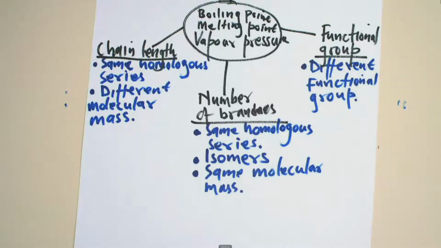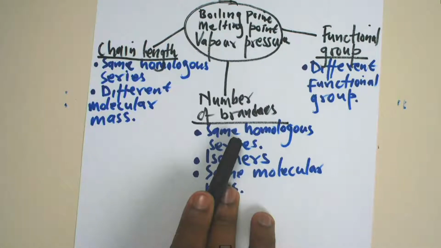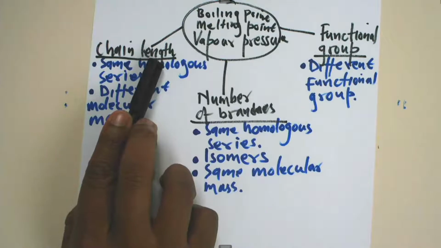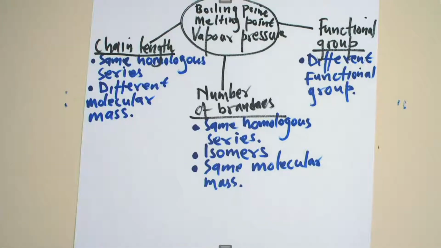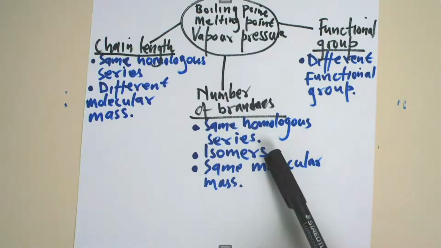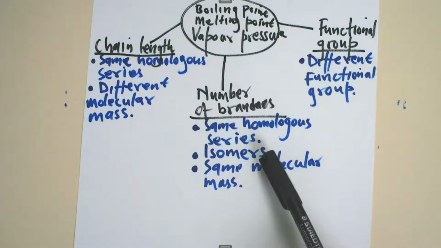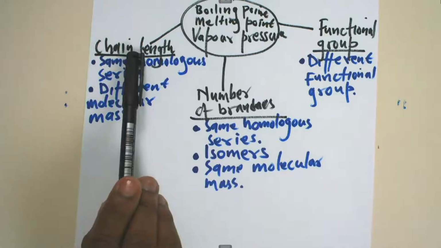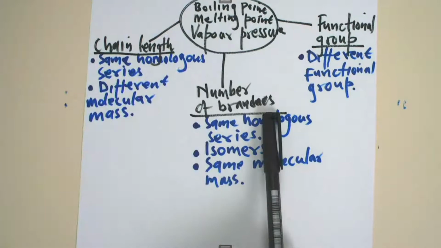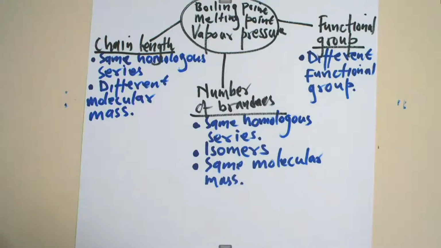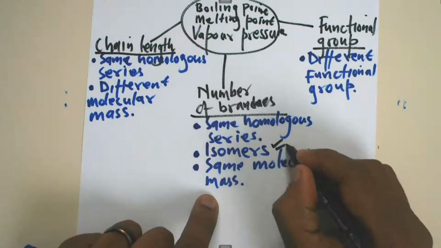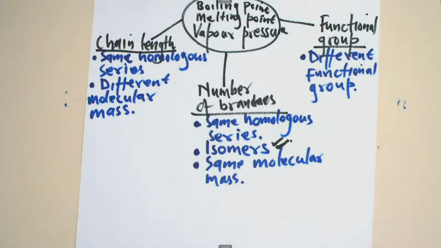But the challenge was, if they belong to the same homologous series, what other element can I add to be certain, to confirm that definitely this is chain length, definitely this is number of branches? That is where I came up to say they should be isomers of each other.